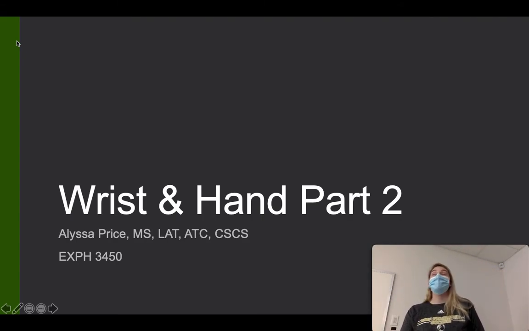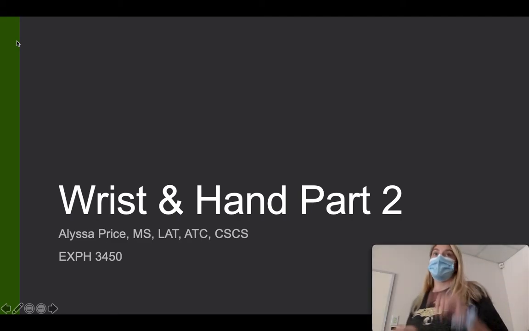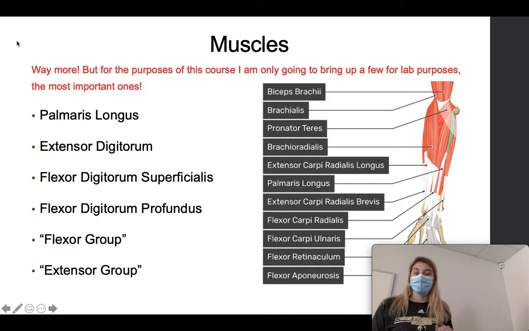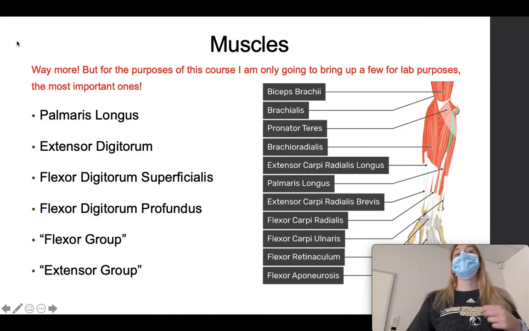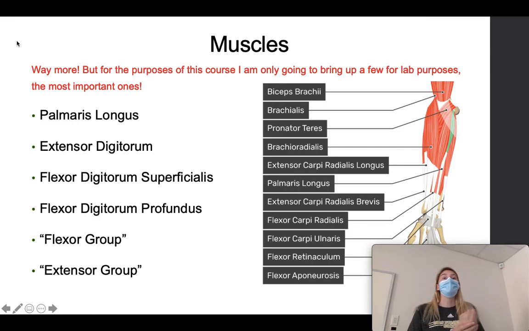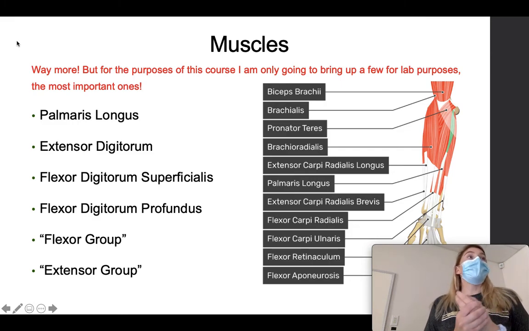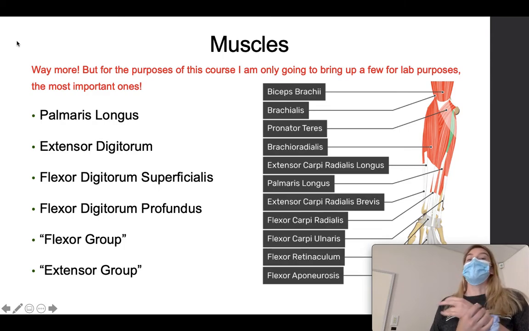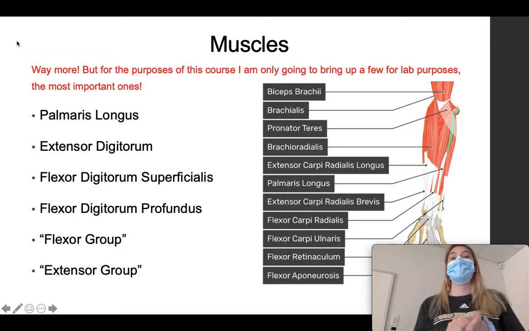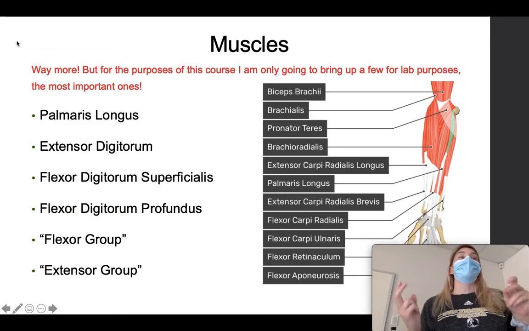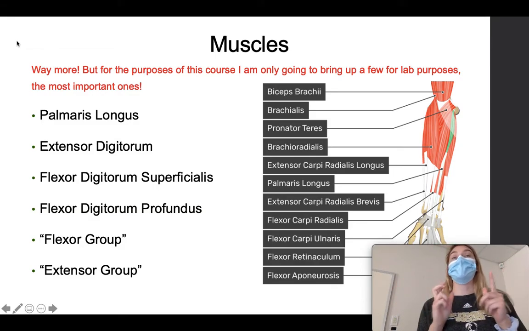Okay, so this is the last bit of wrist and hand. I'm just going to go over some of the muscles that I think are important to know. So these are the muscles we're going to do: the palmaris longus, extensor digitorum, flexor digitorum superficialis, flexor digitorum profundus, and then we're going to generalize in flexor group and extensor group.